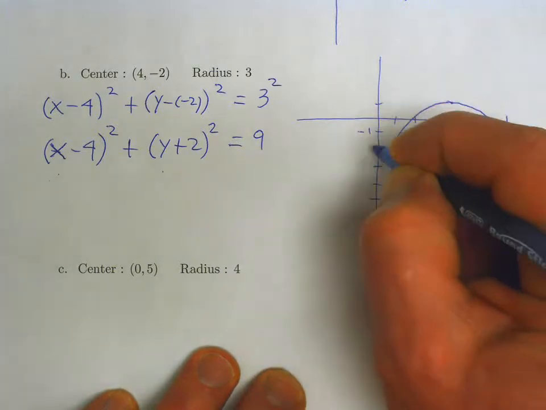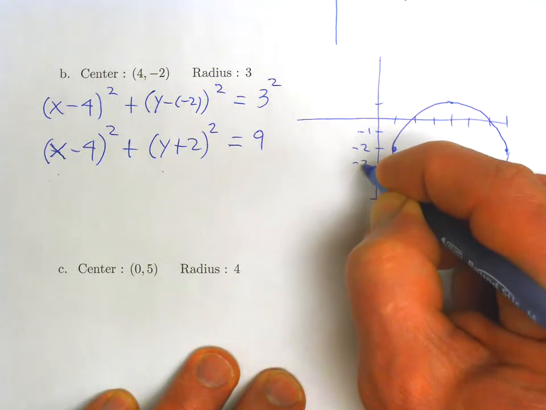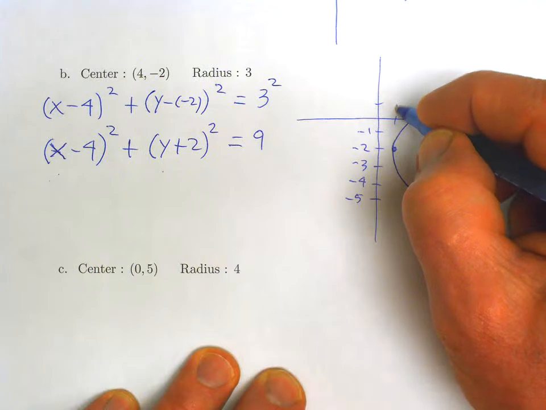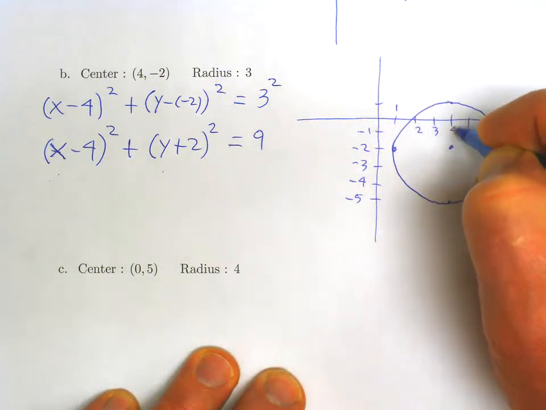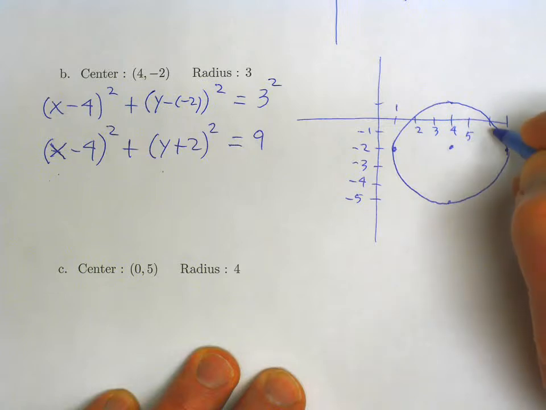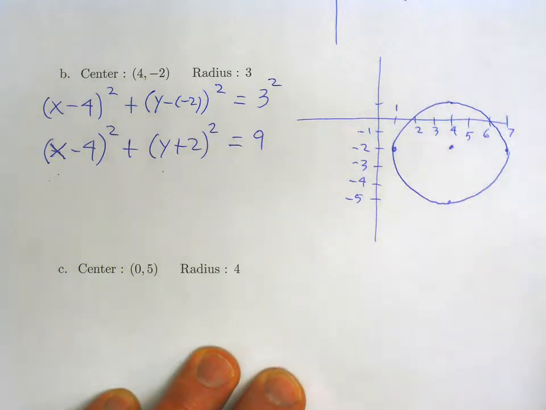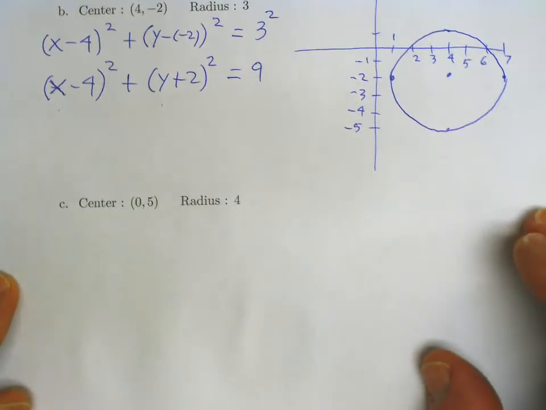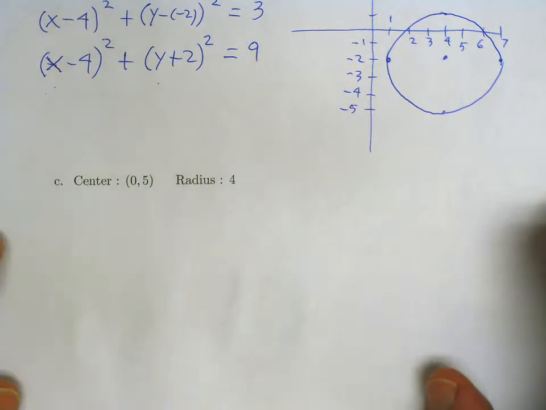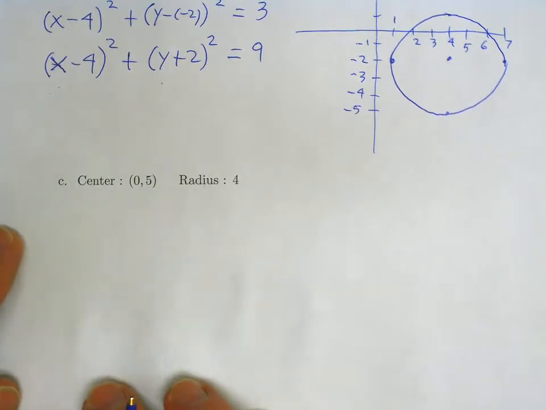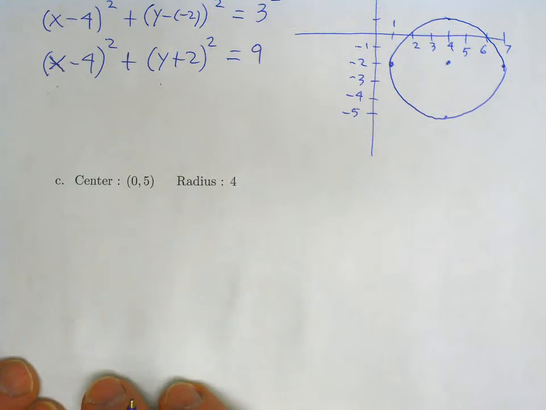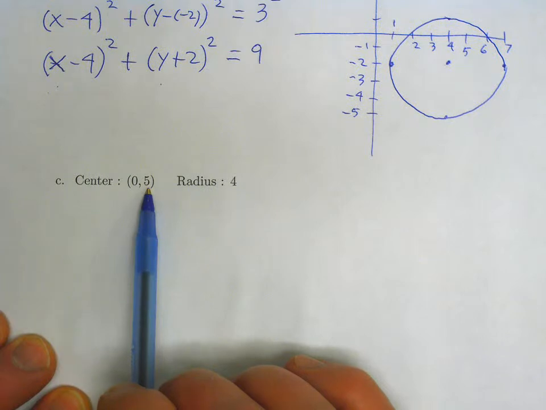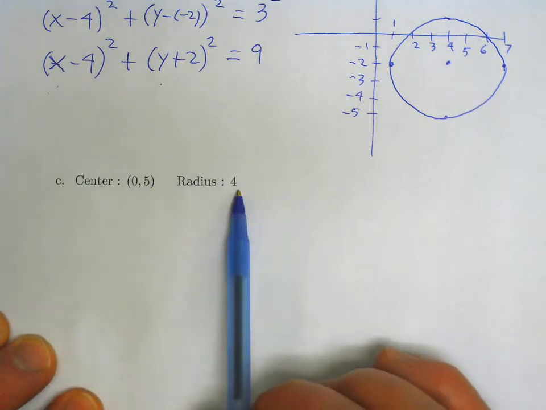So I guess I should write some of the numbers. Okay. All right, one more example of just writing down the standard equation and then graphing. Okay, so this time the center is the ordered pair 0, 5 and the radius is 4.